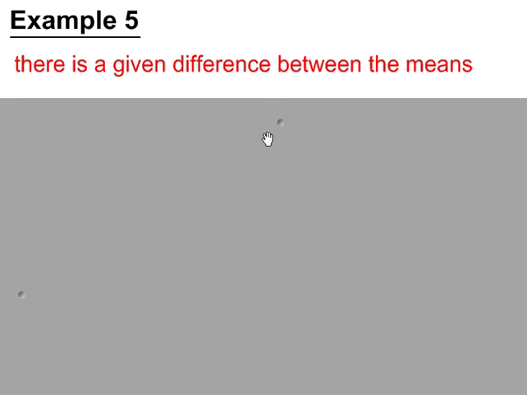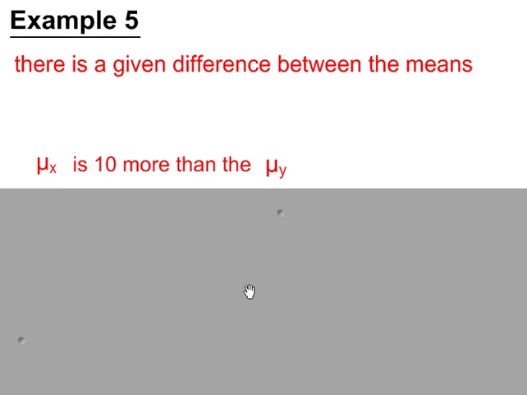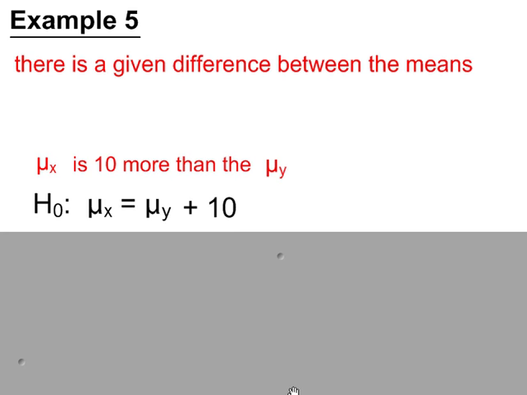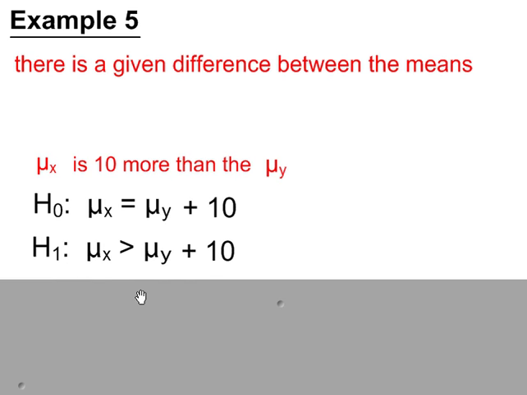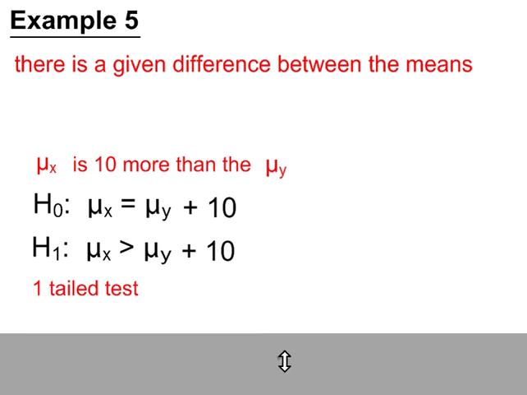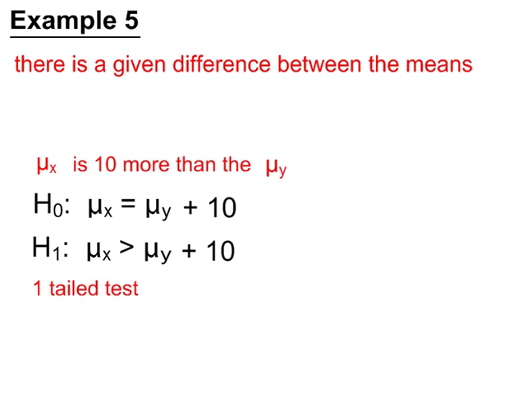Example 5, where there's a given difference between the means. So the mean of x is 10 more than the mean of y, which can be written like this. And it's a one-tailed test.